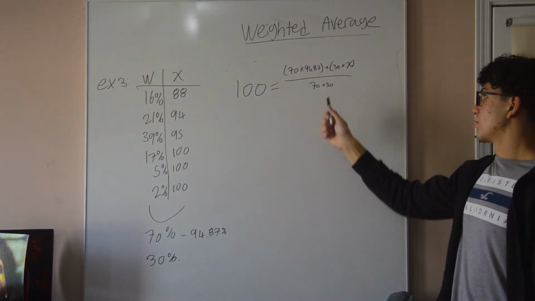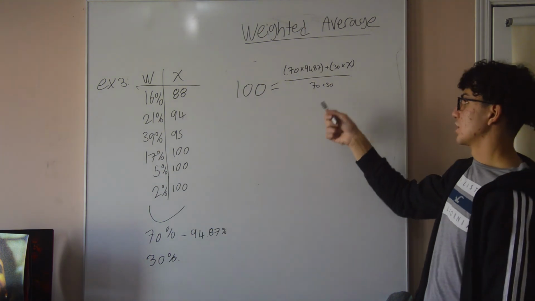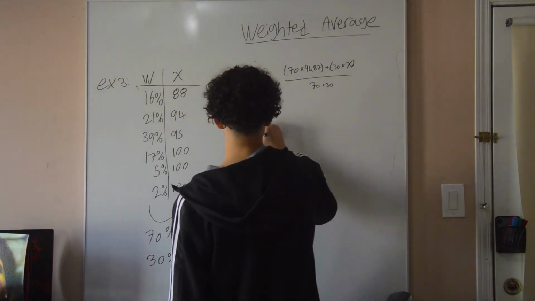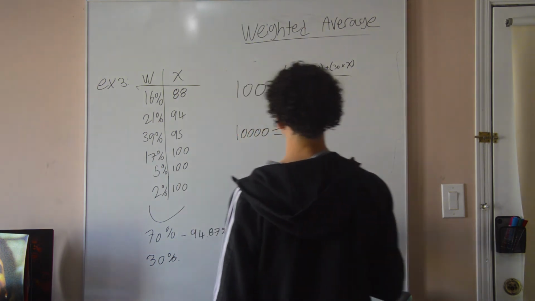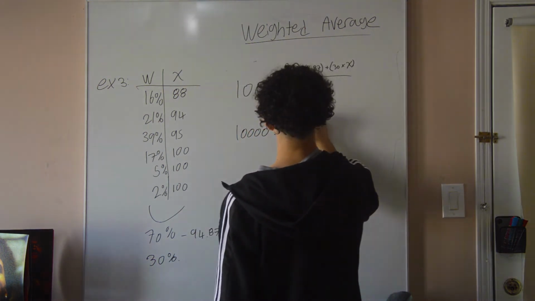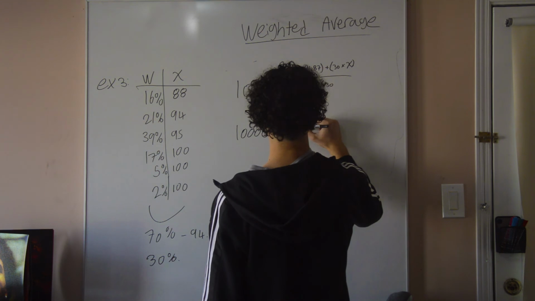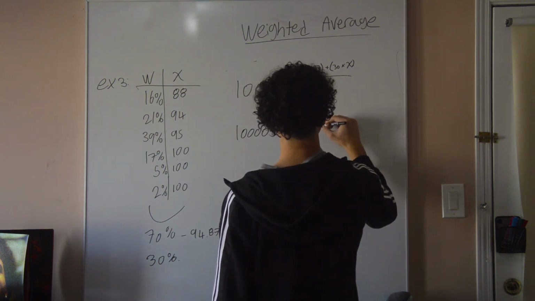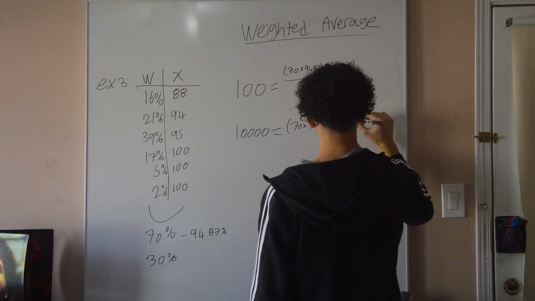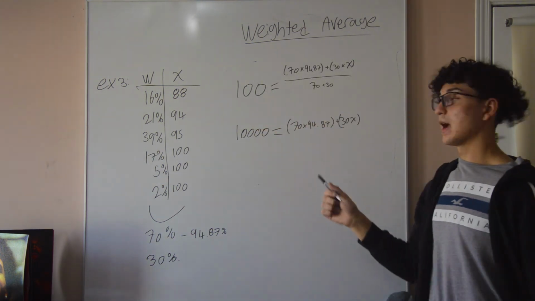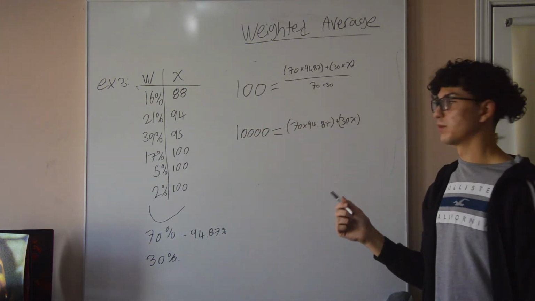So this is 100, we know that, and let's multiply both sides by 100. So we get 10,000 equals 70 times 94.87 plus 30x. And now we just want to subtract this term from both sides.